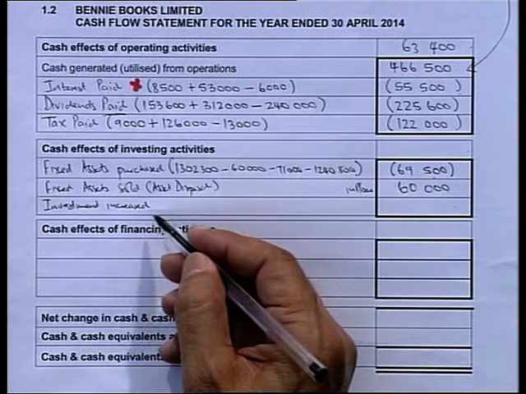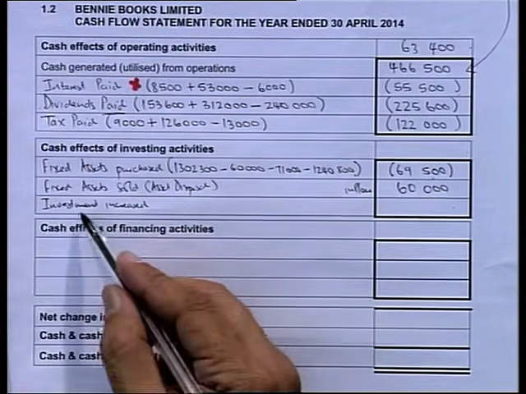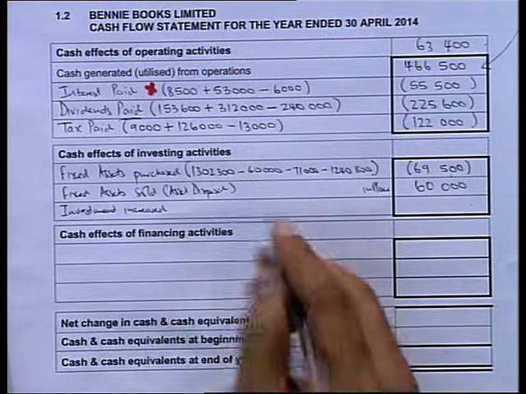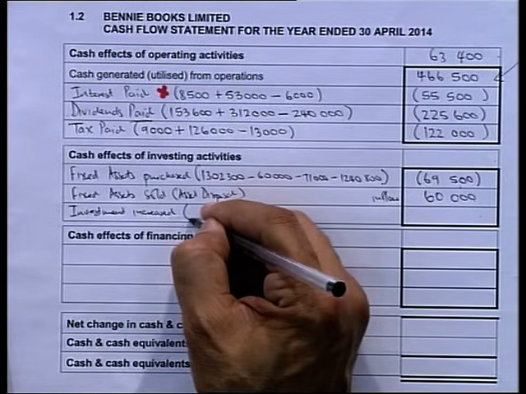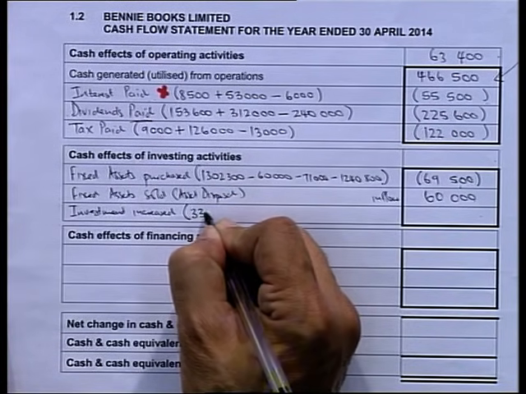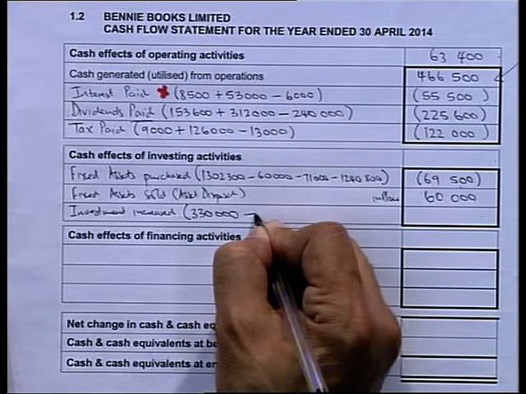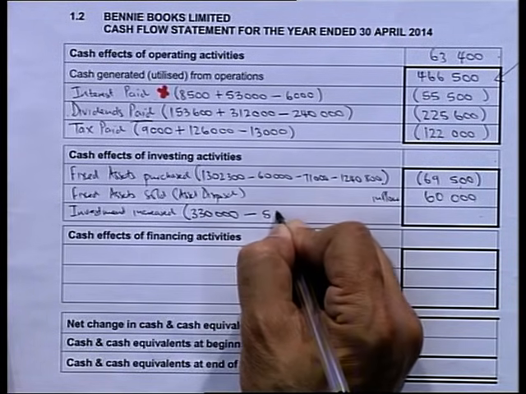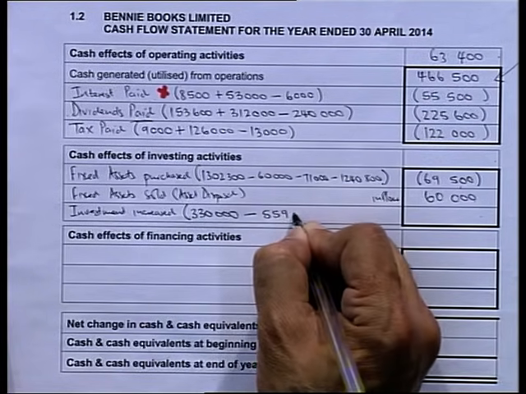Okay. The last item under the investing activities will just be the difference between the investment figures for this year and the previous year, which means the investment figures moved from 330,000 and it's now 559,000.